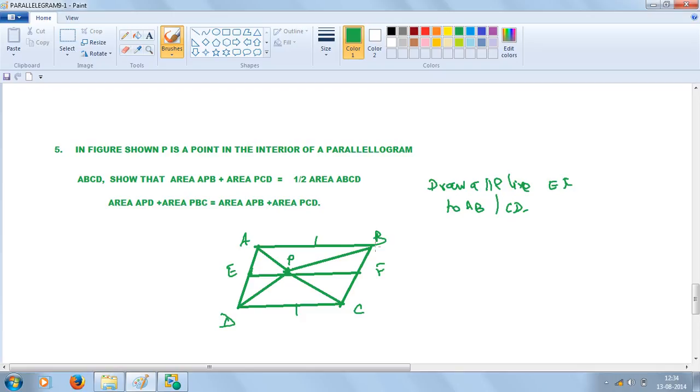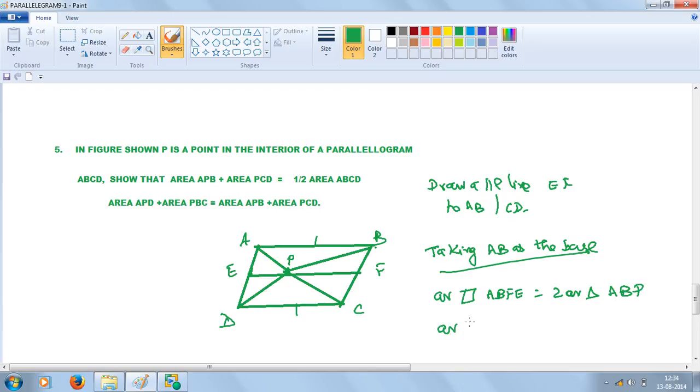Taking AB as the base, the area of the parallelogram ABFE is equal to 2 times the area of the triangle ABP.